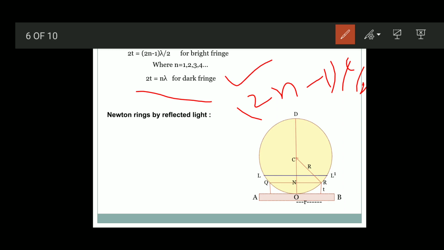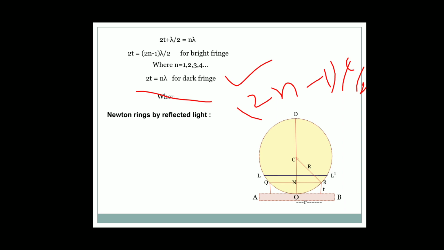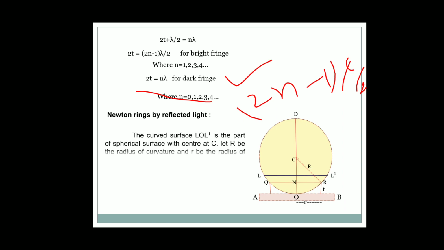So this is the condition for a dark ring, that is 2t is equal to nλ, where n is an integer, that is 0, 1, 2, 3, 4 and so on. We know the rays are reflected back, so these are called Newton rings by reflected light.